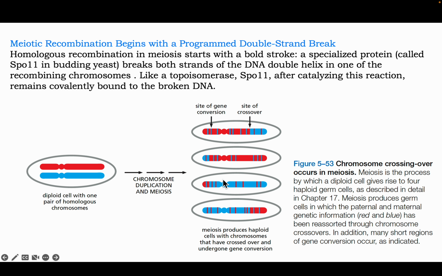Meiosis is the process by which a diploid cell gives rise to four haploid germ cells, in which the paternal and maternal information are reassorted to form some chromosome crossovers.